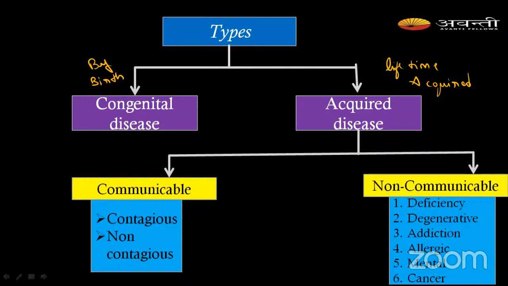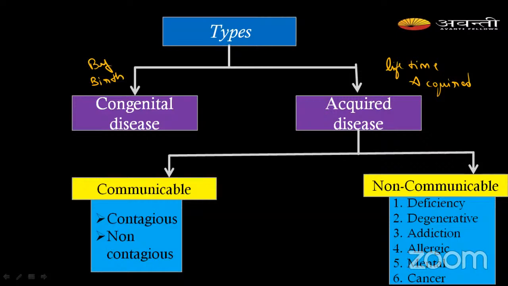For example, if I catch a cold, that is acquired. I have not got the disease from my parents, so I call it an acquired disease. If I get a fever, that is acquired, right? Yes. So any disease I get after birth, we call an acquired disease.